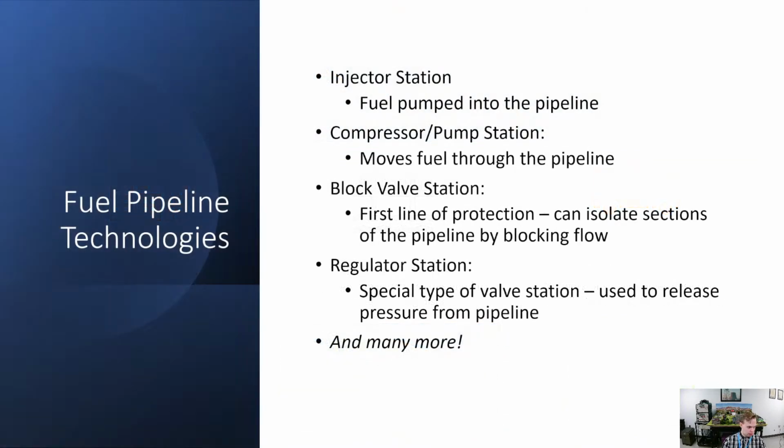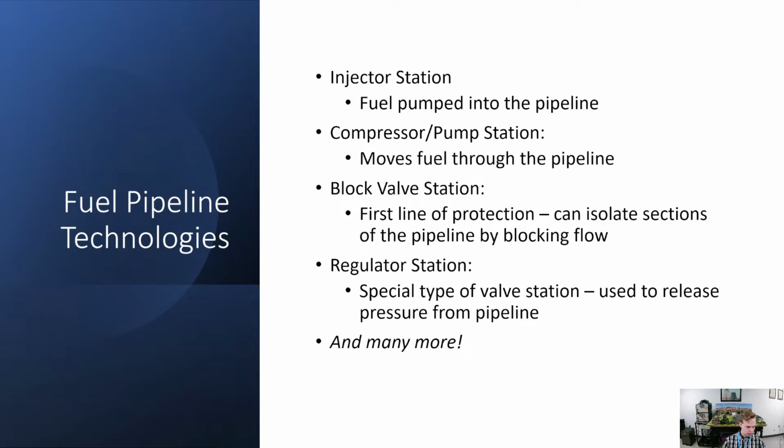So along this pipeline, we have a lot of different technologies all working together. We've seen a few of them in the previous diagrams, but we have things like our injector station. And this is what takes the fuel from our collecting pipelines and injects it into the transportation pipeline. So this is where fuel is initially piped into the pipeline.